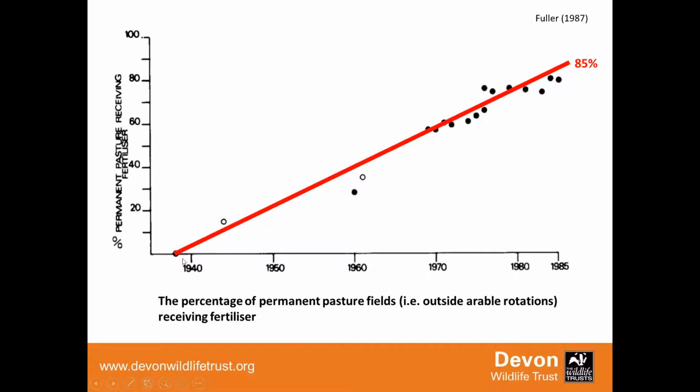It just wasn't perceived as worthwhile to fertilize ground outside of them. By 1985, 85% of pasture outside the arable rotation is fertilized. And obviously that's to do with the economics of that, the cheapness of fertilizer, how easy it is to apply. Instead of farmyard manure and carts, it's now a big tractor just spreading it very quickly on the field.